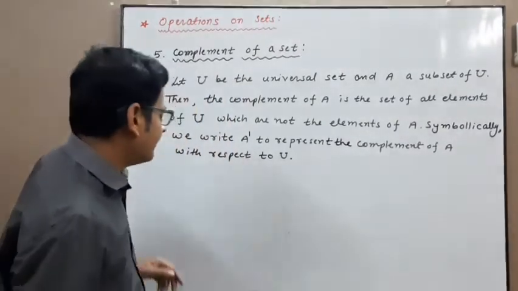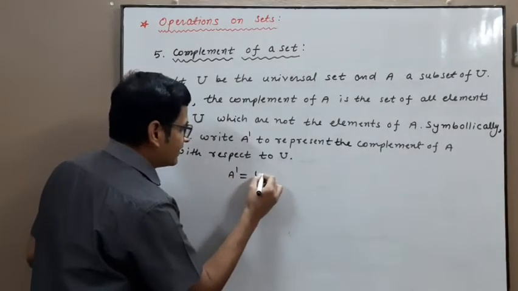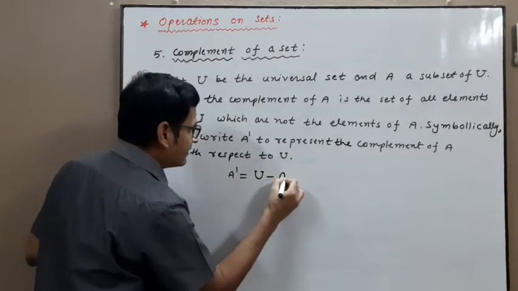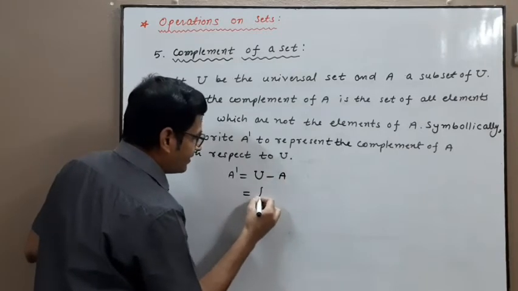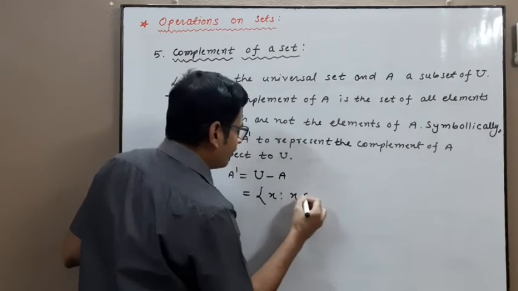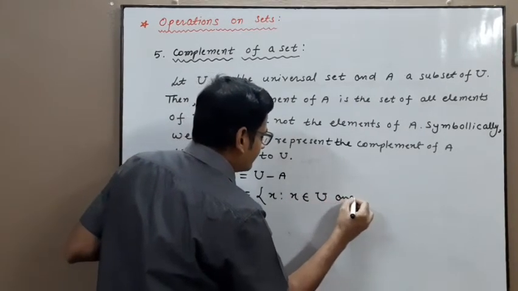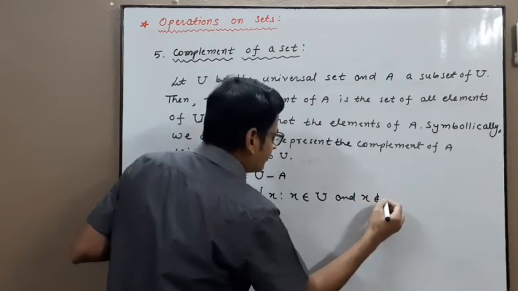Mathematically, complement of A is equal to U minus A, the set of elements X such that X belongs to U and X does not belong to A.